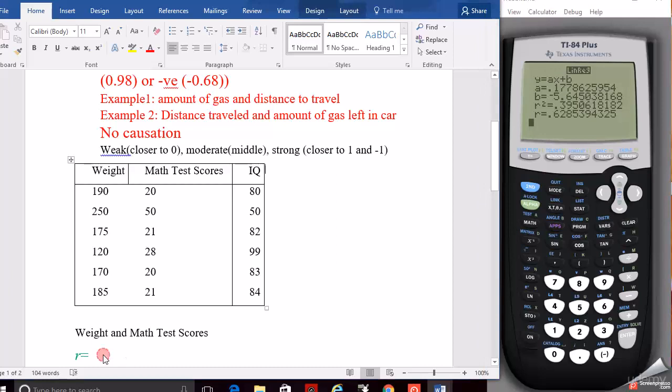So for weight and math test scores, the correlation is 0.6285. You can choose any number of decimal places depending on what you want to do. I have chosen 4 decimal places. So what does it mean?